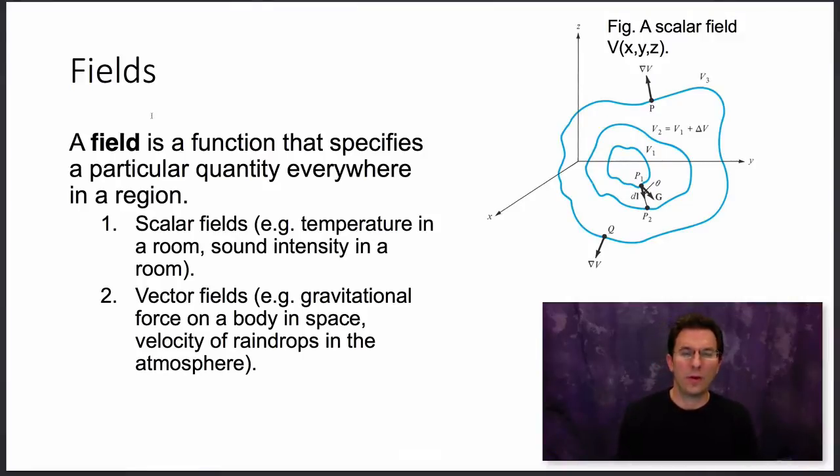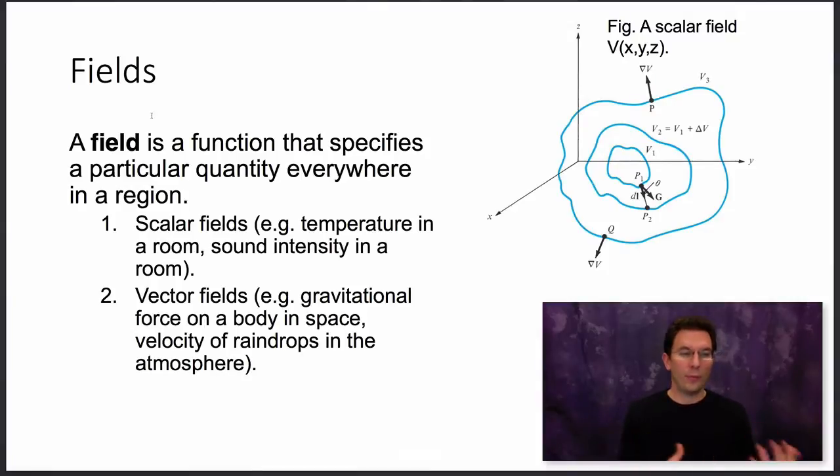In the case of a vector field, you take every single point in a region of space and you assign a vector to it. So at every single point in this room, if we were looking at the gravitational force or something like that, we could assign a vector that has a magnitude and a direction. The magnitude tells you the strength of the field in that direction, and the direction of the arrow tells you which way that force is acting.